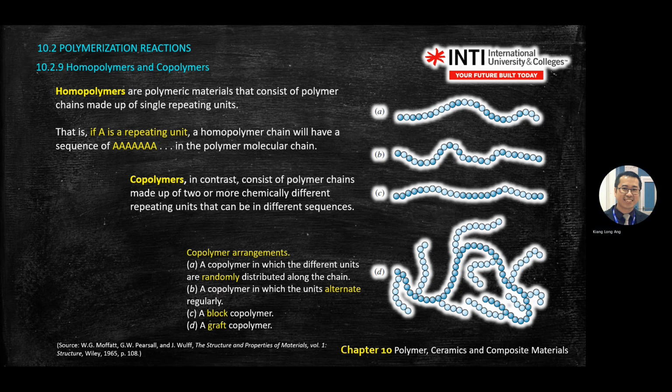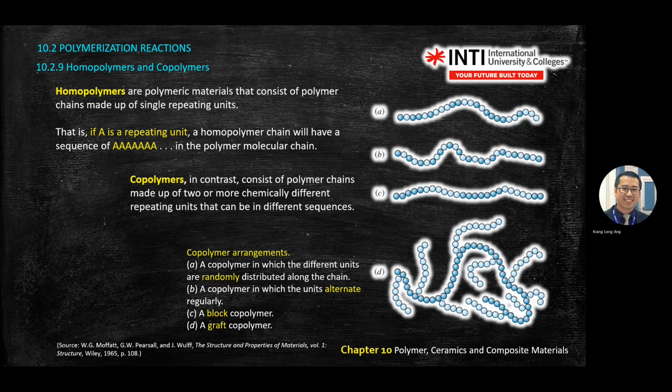Then D is a graft copolymer. Graft is like there's a branch there, like a chain coming out the side. In the body of A, by the side of one of the A units, you have a B coming off the side of the polymer. So this one is called graft copolymer.